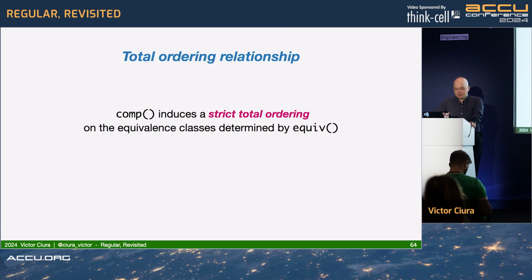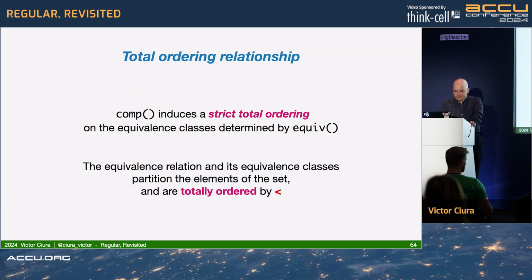Sometimes when you look at specifications of STL algorithms, you see this thing mentioned: total ordering relationships, or strict total ordering. The idea here is that it's a strict weak ordering relationship on the less than comparator, so not in the general terms of partial ordering.